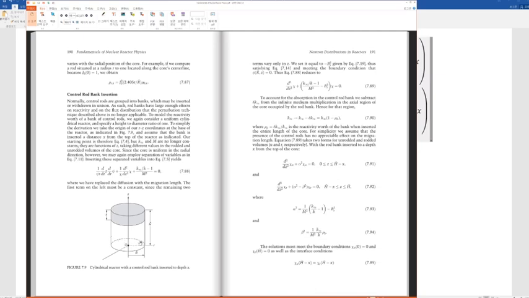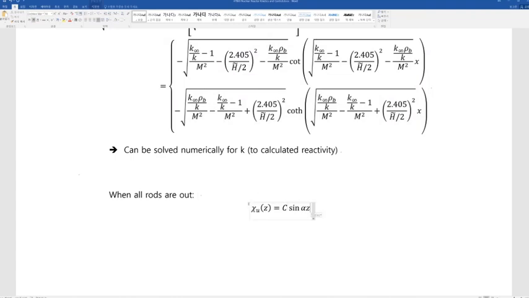The entire volume is unloaded. So this solution for the unloaded volume will be applicable for the entire reactor.